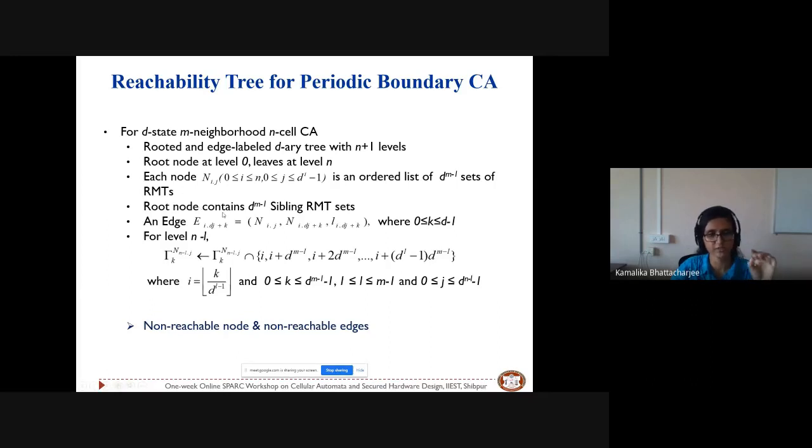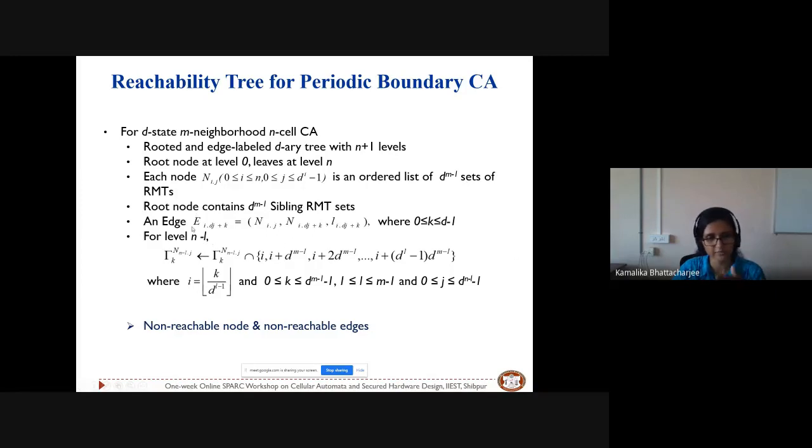The root will be starting with the sibling RMT set, because here we are considering periodic boundary CA. We will be starting with all RMTs in the root node, where each of the sibling RMT sets will be combined together, and then from the root we will be developing the edges depending on the root. There are some special levels for the reachability tree.